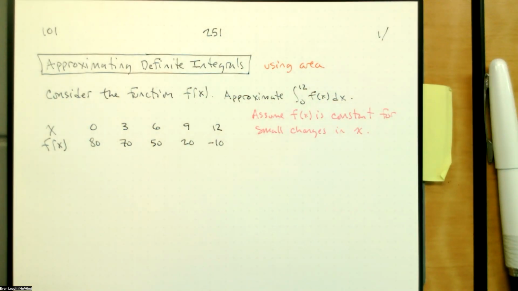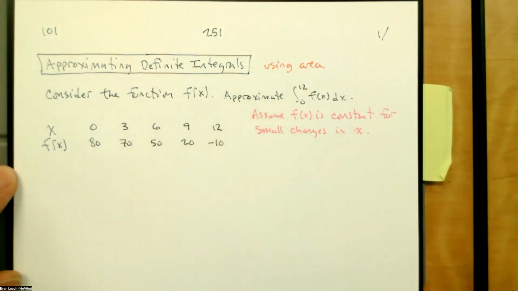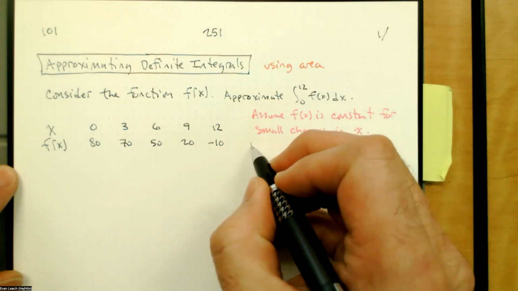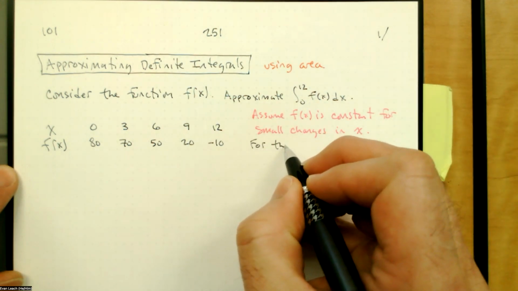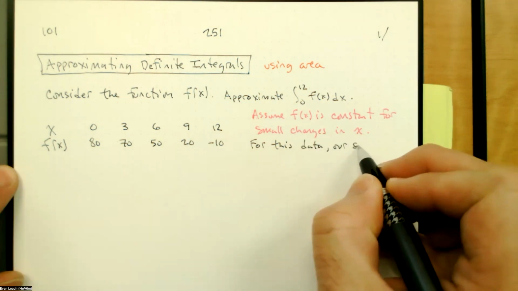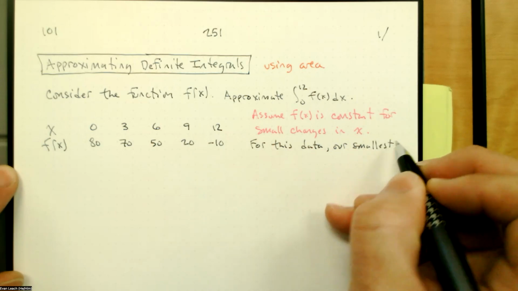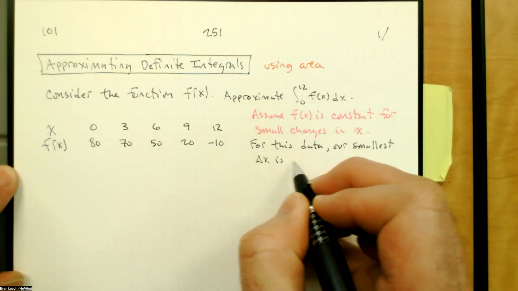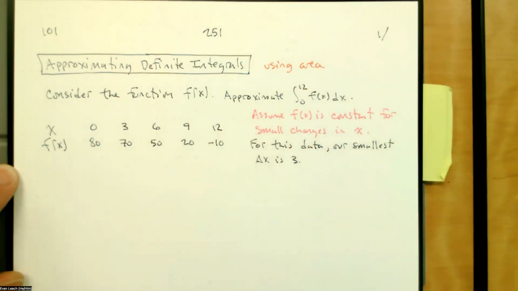So if you recall, one of the techniques that we did was we assumed that f of x was constant for small changes in x. Notice that with this limited set of information, the smallest change in x we can get is 3 units, which is kind of a gigantic change. So for this data, our smallest delta x is 3.